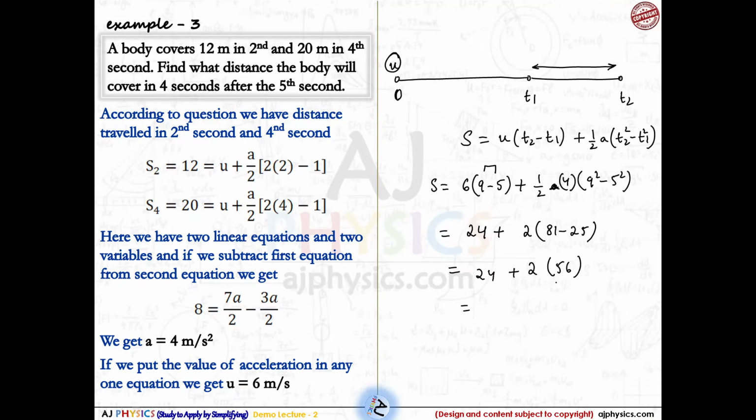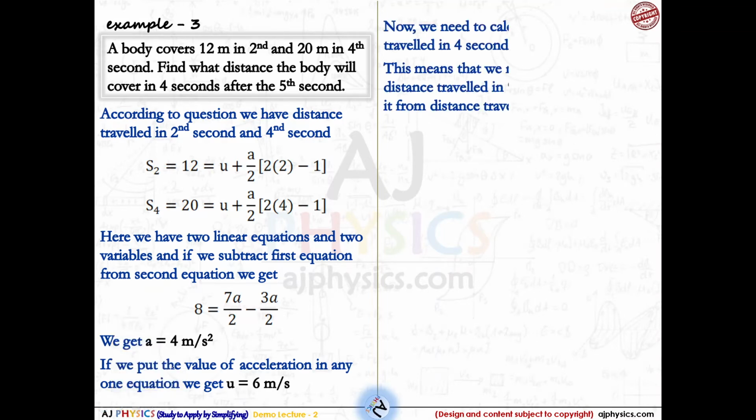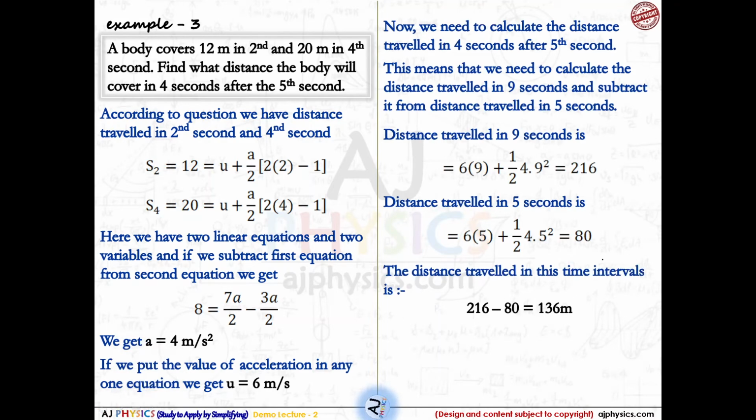So if you just add this, 2 multiplied by 56 is 112 plus 24. So this should be 136 meters. Okay, so this is the method. This is the way you have to proceed. I hope it's fine. Now let me proceed further.